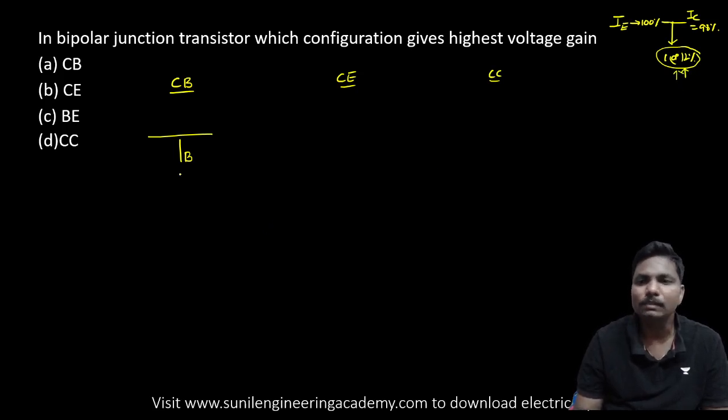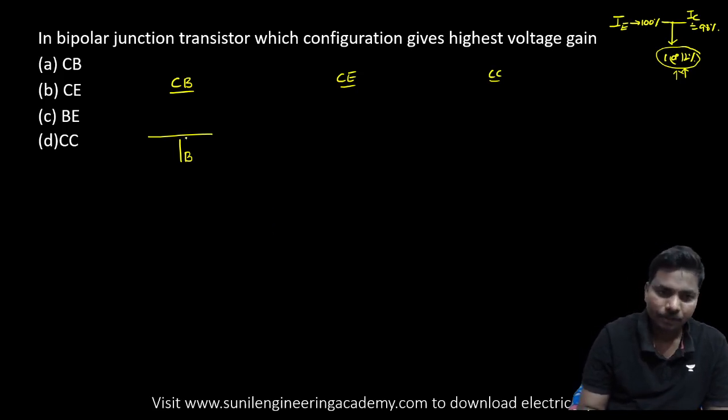So base may not be used as the output, and in the same way collector may not be used as the input. Those two points. In general, here base is common, input is emitter, output is collector.